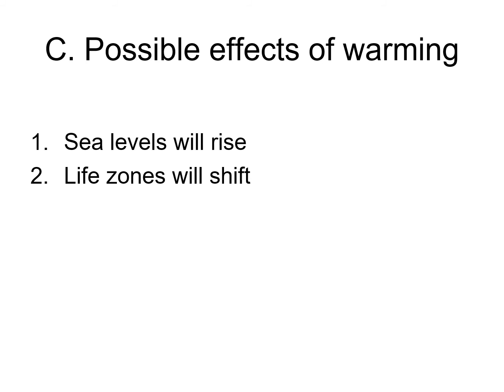So the simplest way to think about life zones is the Earth has a tropical zone, a temperate zone, and then Arctic zones. And those zones are shifting. So areas that were subtropical are experiencing more tropic-like climates.